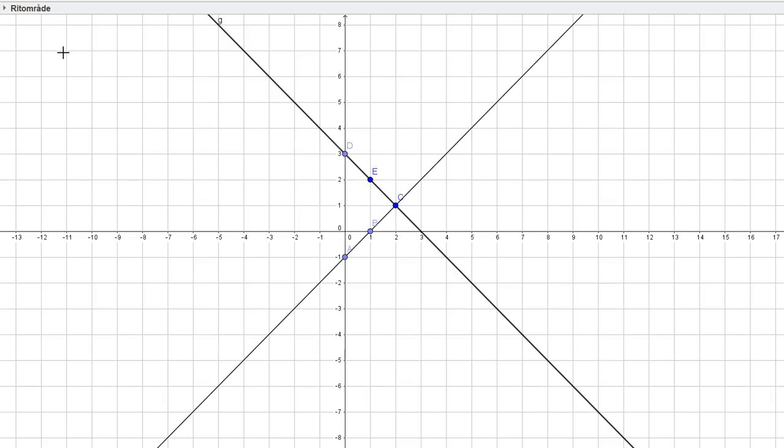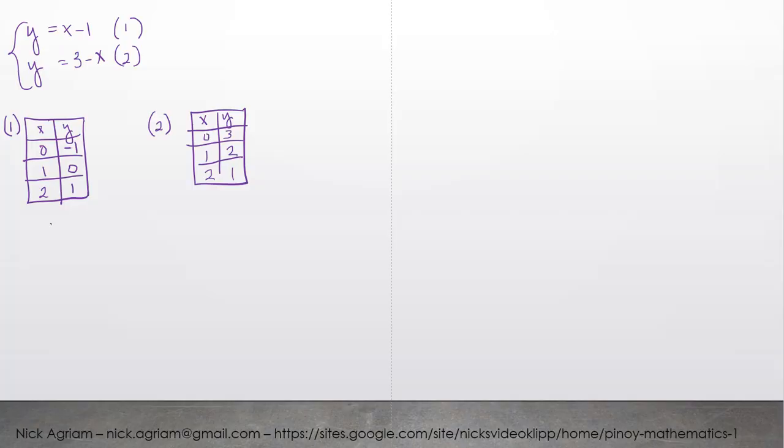As you can see, the point where the two lines meet or cross each other is my solution.